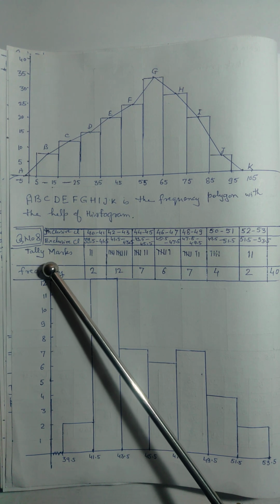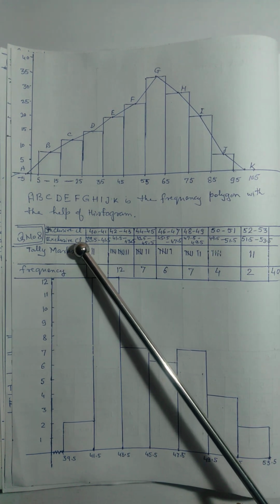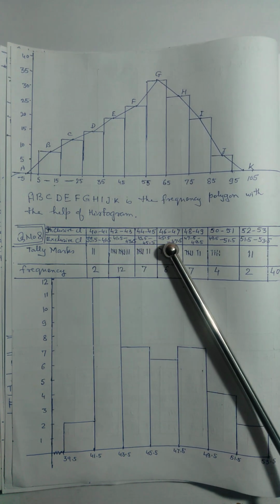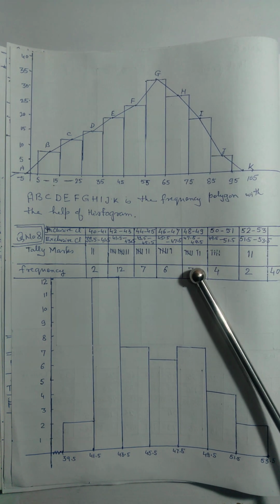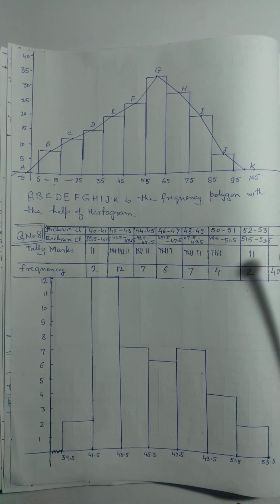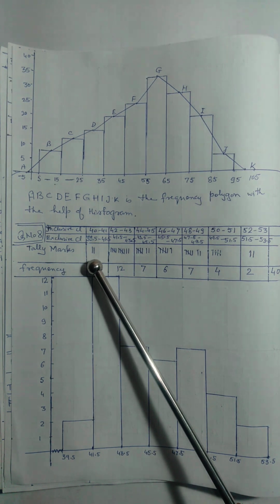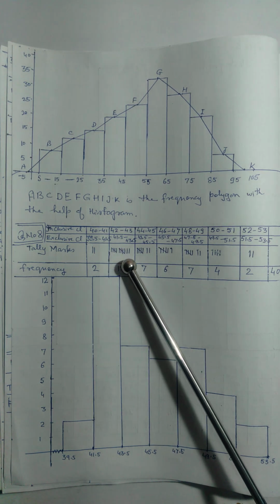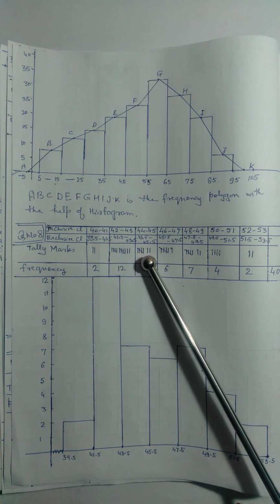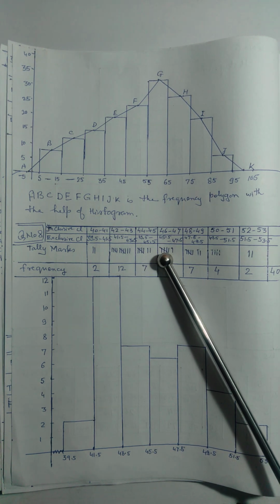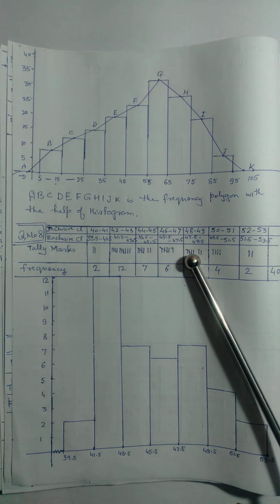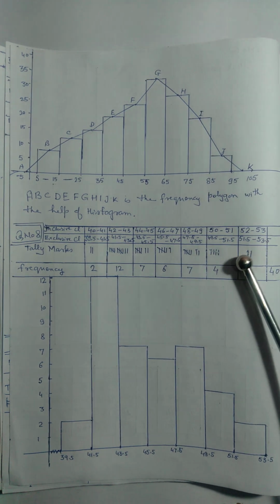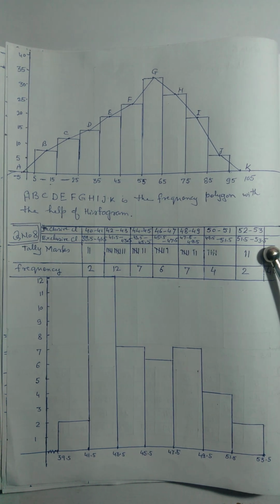Now come to question number 8. Here the inclusive class is given: 40 to 41, 42 to 43, 44 to 45, 46 to 47, 48 to 49, 50 to 51, 52 to 53. The exclusive classes are 39.5 to 41.5, 41.5 to 43.5, 43.5 to 45.5, 45.5 to 47.5, 47.5 to 49.5, 49.5 to 51.5, 51.5 to 53.5.